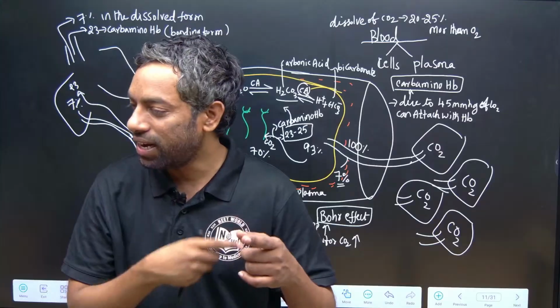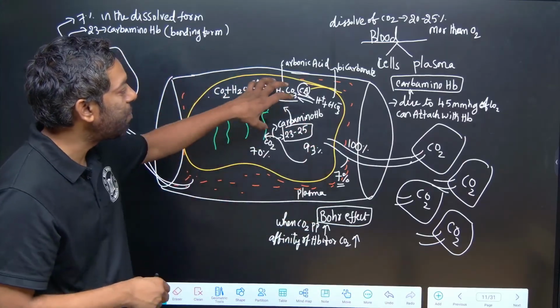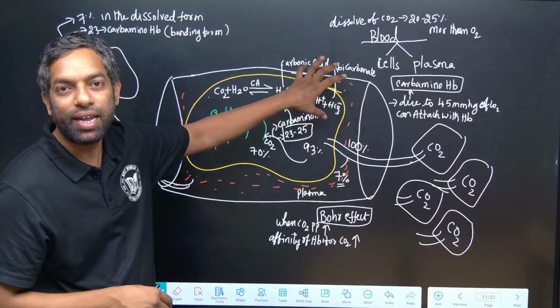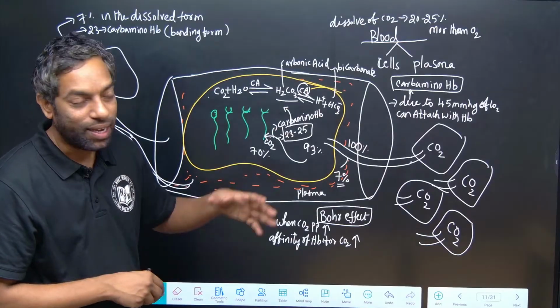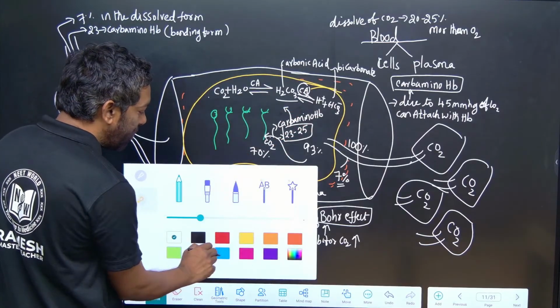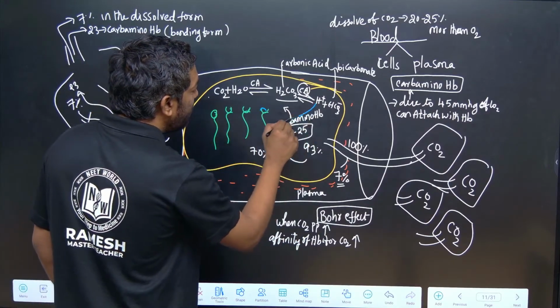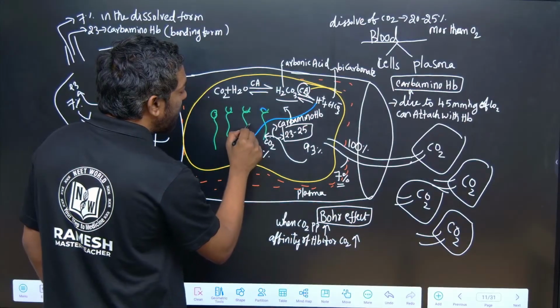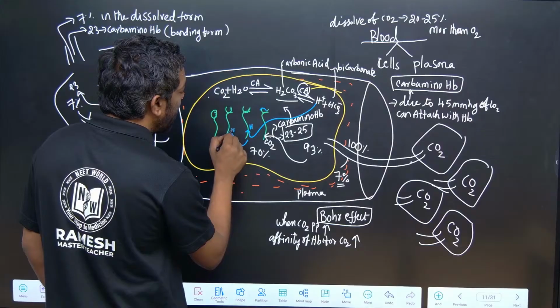With this continuous reaction, a huge amount of bicarbonate and hydrogen ions are released. These hydrogen ions can attach to the tail part of the hemoglobin.